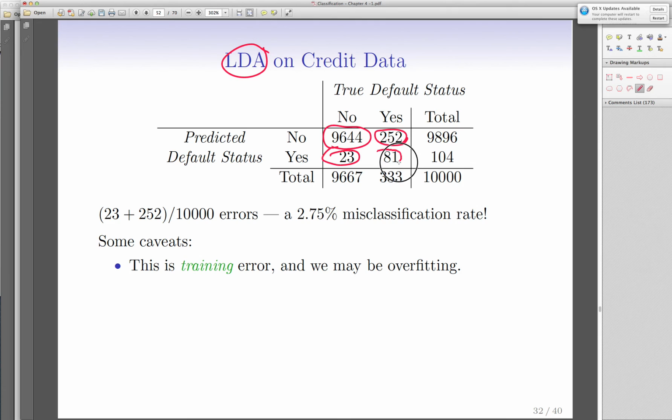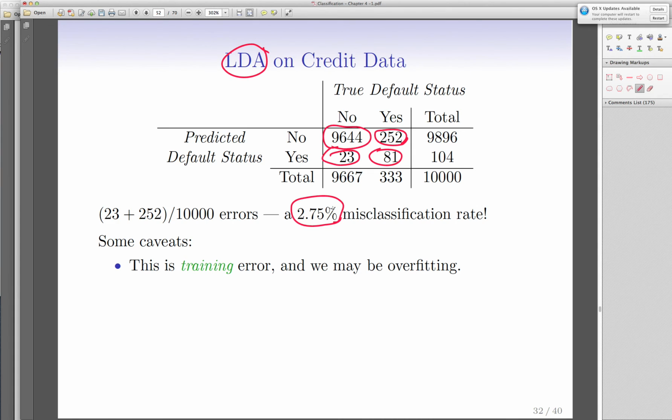And 81 times we predicted default, and it was actually default. So our error was 252 plus 23, which is 275 out of 10,000 cases. So our error rate was 2.75%.